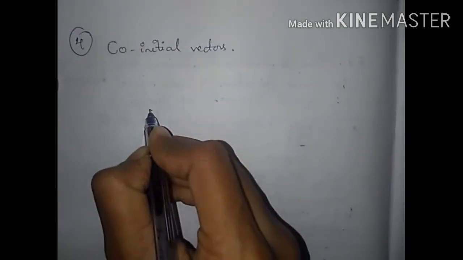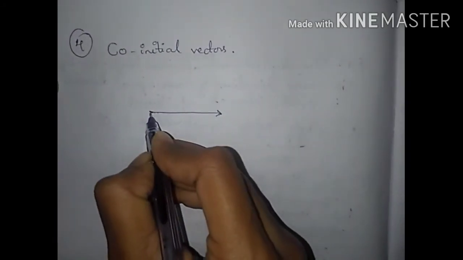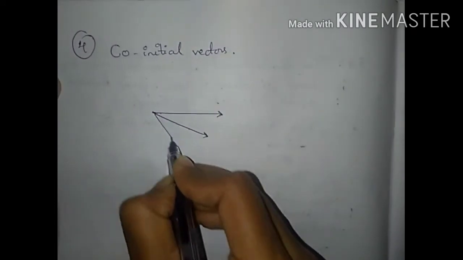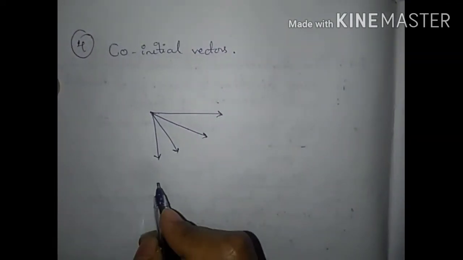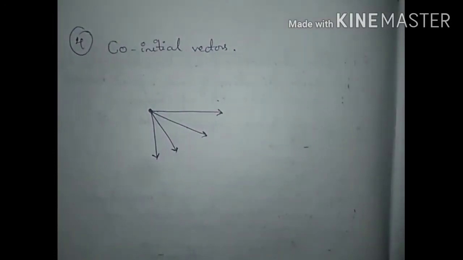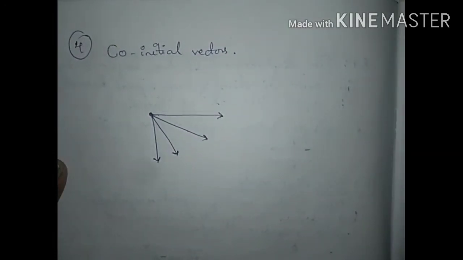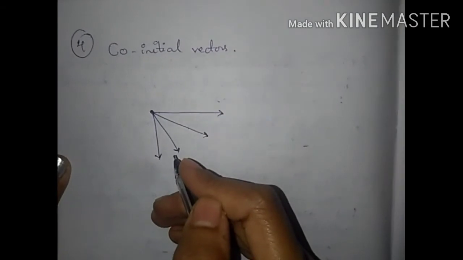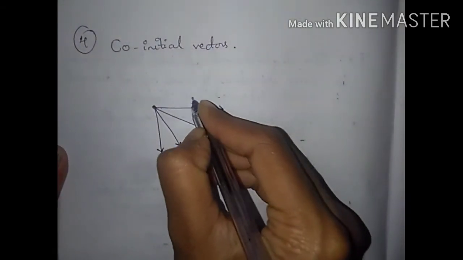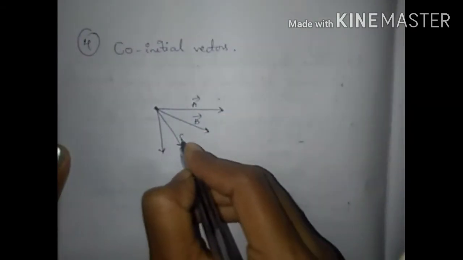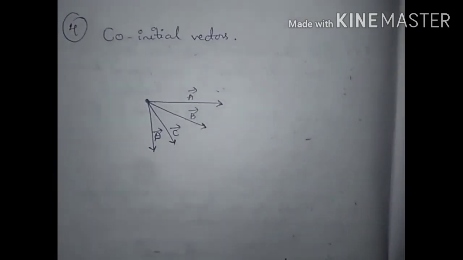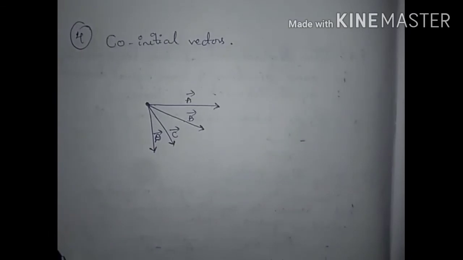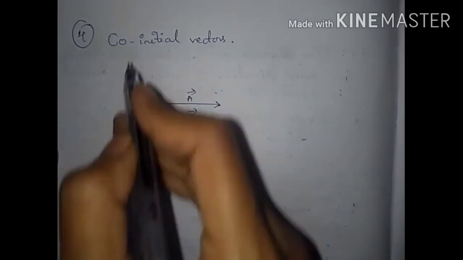Let's suppose you have vector A, vector B, vector C and vector D. All these four vectors have the same common initial point. Such kinds of vectors are known as coinitial vectors. So all these four vectors are known as what? Coinitial vectors.